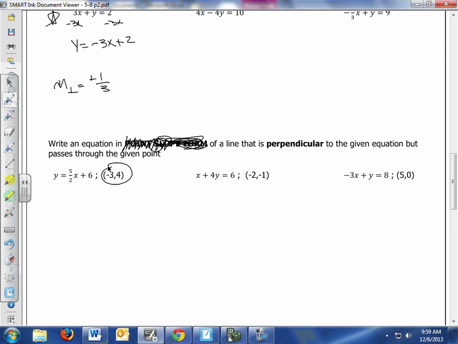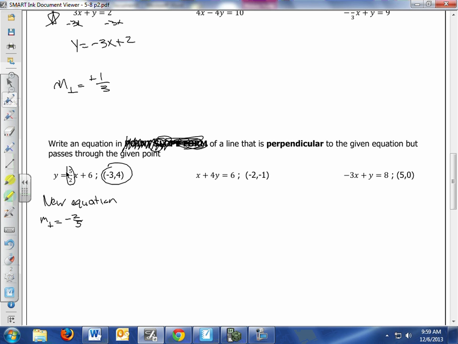Okay? So, it's kind of like what we did last class. There's just one little change. The only little change is instead of using the same slope as this equation, you're going to use the perpendicular slope. Okay? This is the slope of this equation. That means the slope of my new equation will be negative 2 over 5, right?